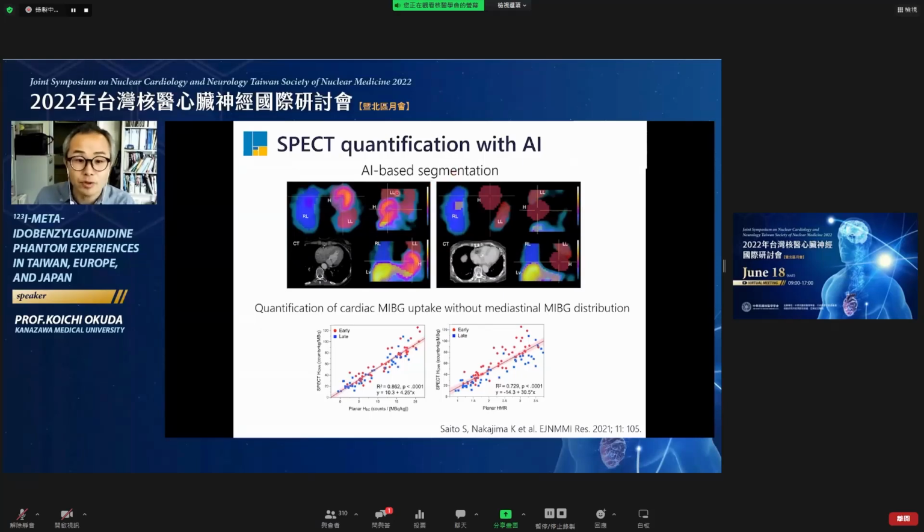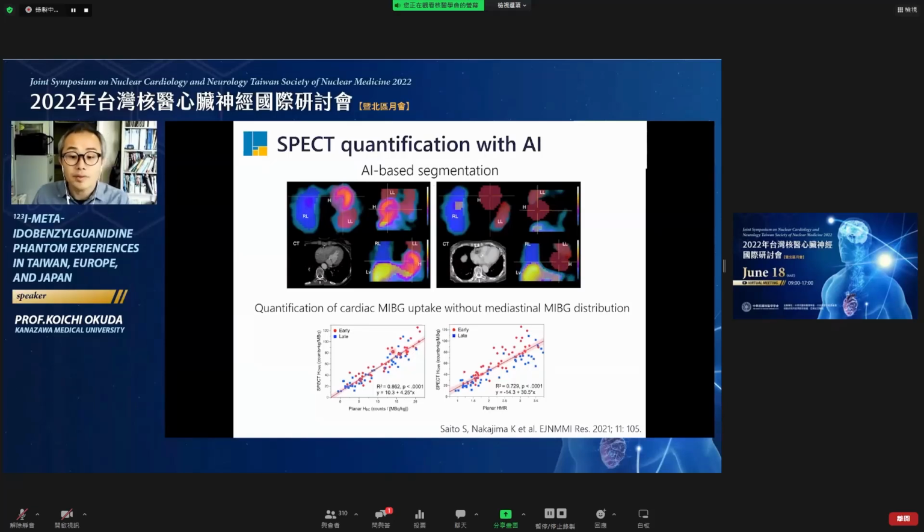In these SPECT images, volumes of interest for the heart, left and right lungs, and the liver were clearly delineated. Furthermore, even in a patient who showed no MIBG uptake in the heart, the cardiac volume of interest could be delineated on the heart.